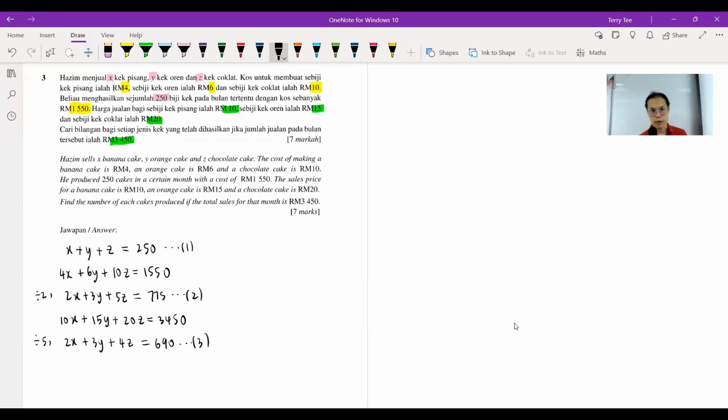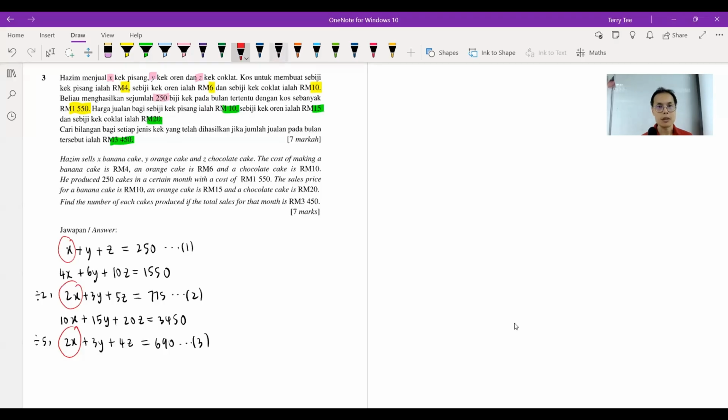So I formed three equations. Let's just solve them, okay? Because you're supposed to find cari bilangan jenis kek yang dihasilkan, right? So I think we have to decide which unknown to get rid of. You can see x is the easiest to solve because I got 2x here. They're the same, so I can just subtract them, right?